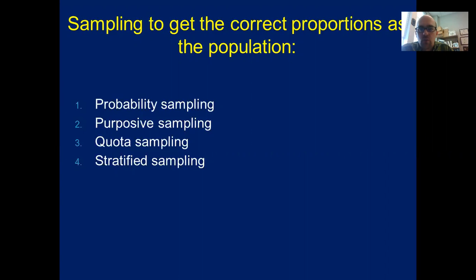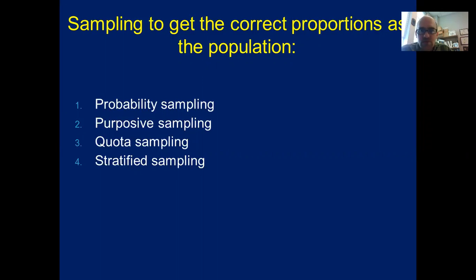Sampling to get the correct proportions as the population is called probability sampling, purposive sampling, quota sampling, or stratified sampling. Now, this is a trick question because it could be either 1 or 4. 1 is probability sampling, so in that case, yes, you're always going to be getting the correct proportions. Stratified sampling is an example of probability sampling, so that's also why it's okay.